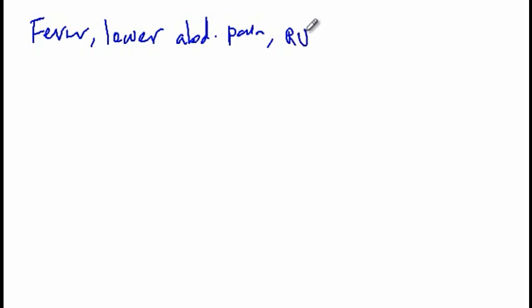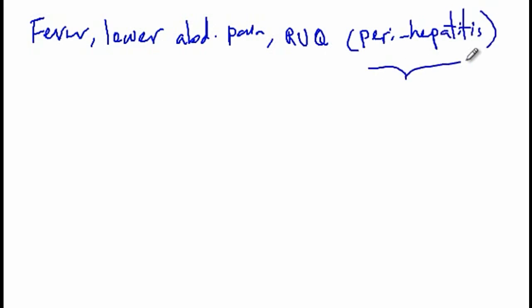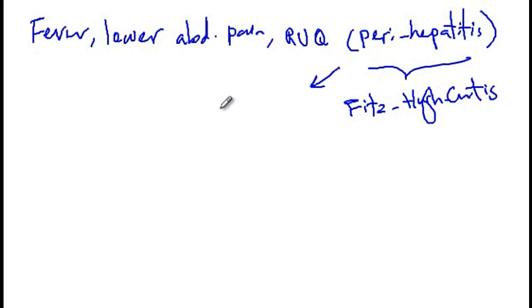These patients may also present with a right upper quadrant abdominal pain if they develop perihepatitis, and this condition is referred to as Fitz-Hugh-Curtis syndrome. However, given that only the capsule of the liver is affected but not the actual liver parenchyma, therefore the AST and ALT enzymes will remain normal in these patients.